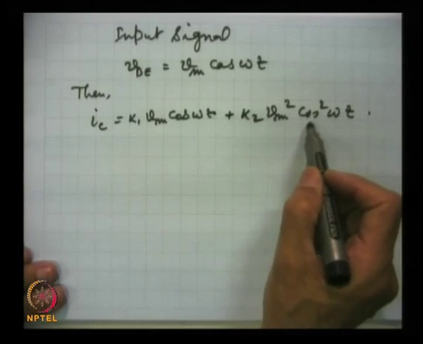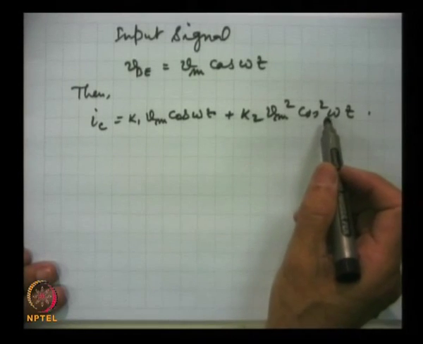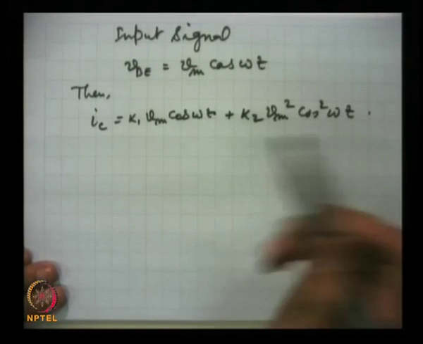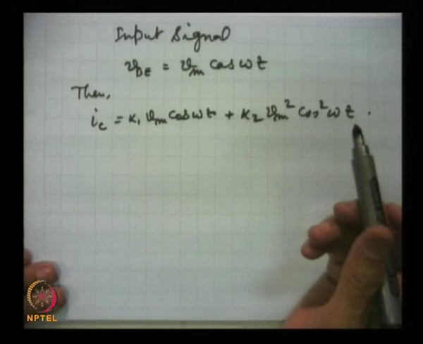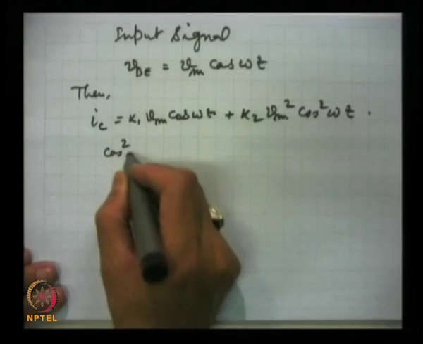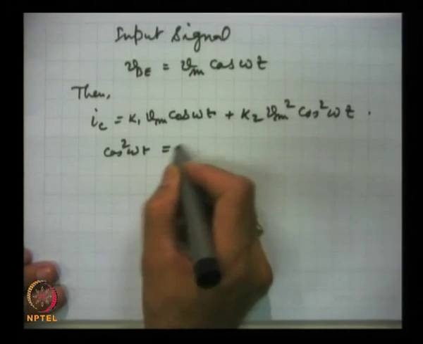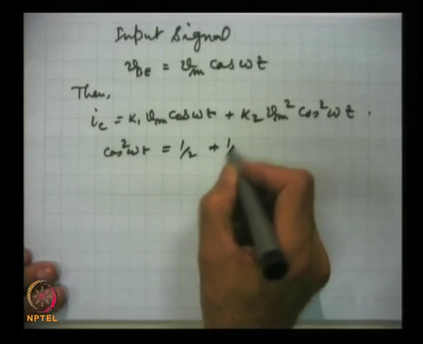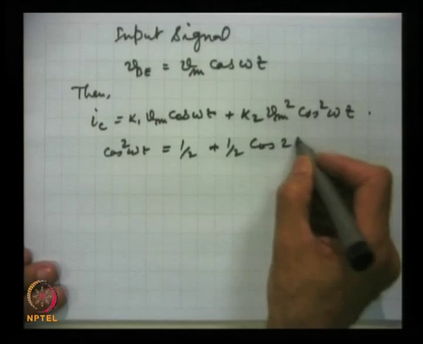This cos square omega t term can be written in a different form using the trigonometric relation cos square omega t equals half plus half cos 2 omega t.